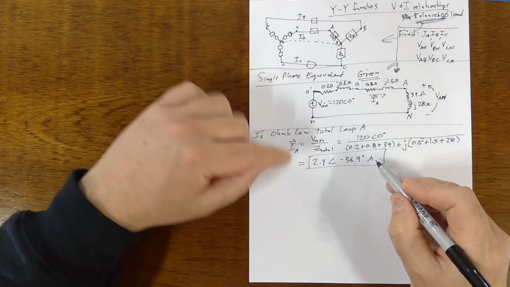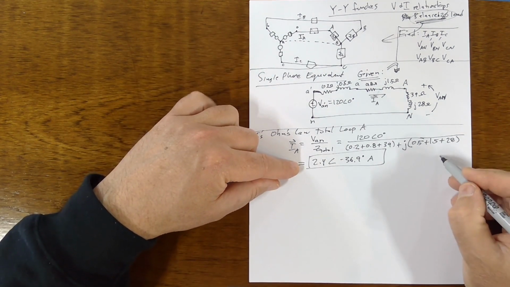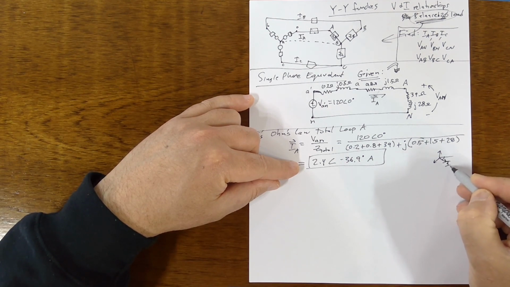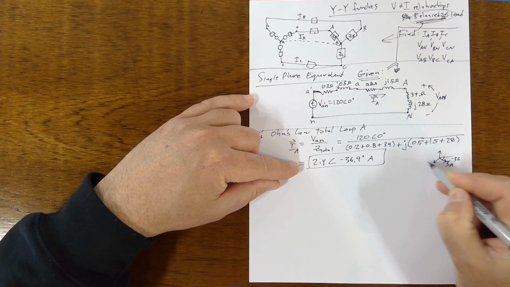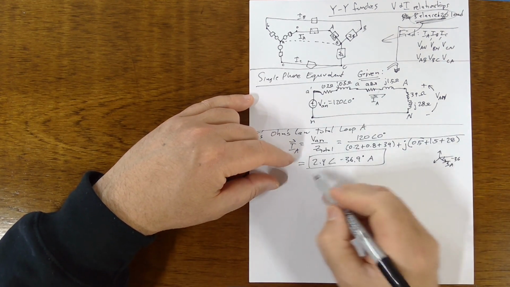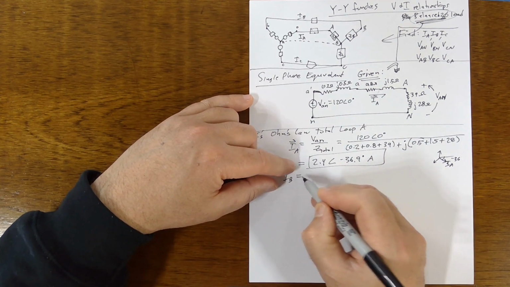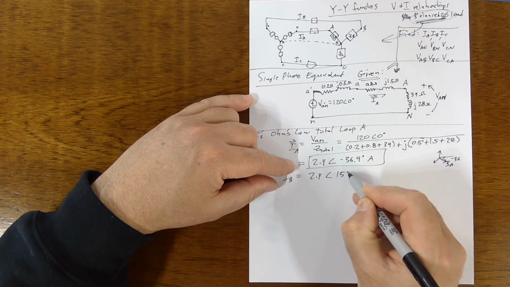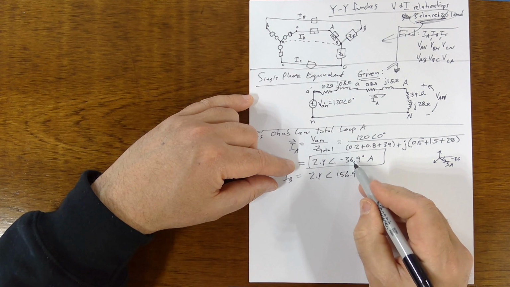And then we know the other three currents are just out of phase by 120 degrees. If this was I_A at minus 36.9 degrees, then you can just add and subtract 120 degrees. So I sub B is 2.4 angle 156.9. Just add 120 to this.